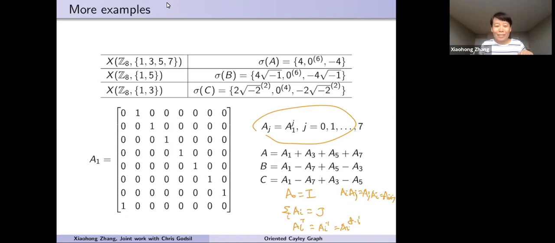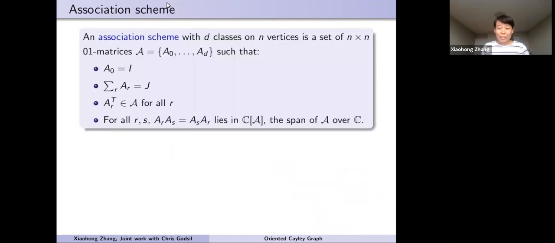We probably figured out where we are heading. We're going to consider association schemes. A set of 0-1 square matrices of size n forms an association scheme if the identity matrix is there, the sum of them gives the all-ones matrix, the set is closed under transpose, and the products commute.